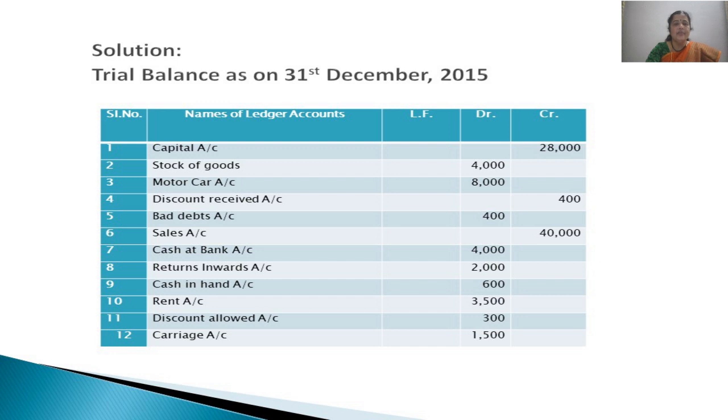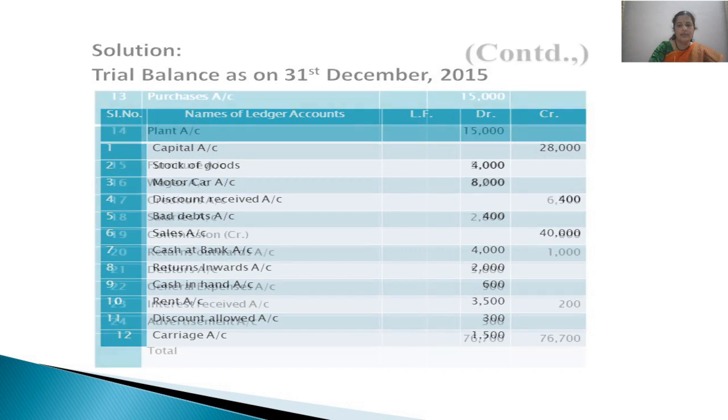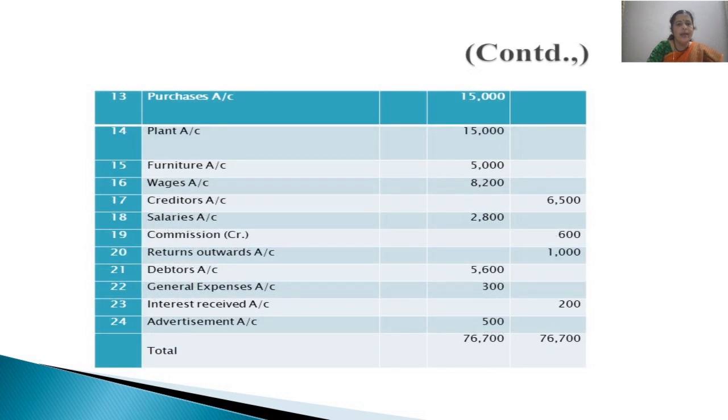They will just name the account, commission account, and within bracket credit, means write it on the credit side. Commission account within bracket debit, means write it on the debit side. Then carriage account is an expense, so debit expenses and losses. Then plant, furniture, both are assets, debit.